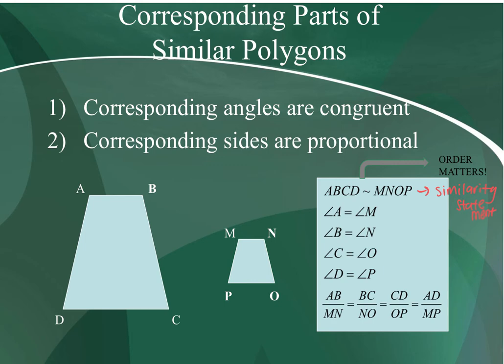So AB is proportional to what side in the other figure? MN. CD is proportional to OP, because those are the third and fourth letters.